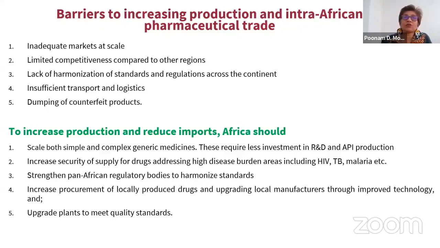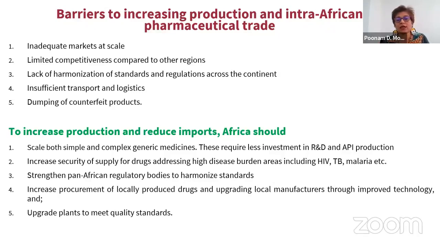Lots of work is being done on standards, and you know that the AfCFTA agreement itself has whole articles and annexes which speak about harmonization of standards. Therefore, one of our aims is to get this harmonization on our continent.